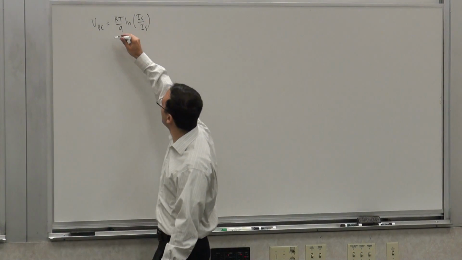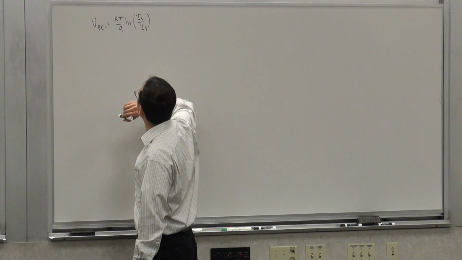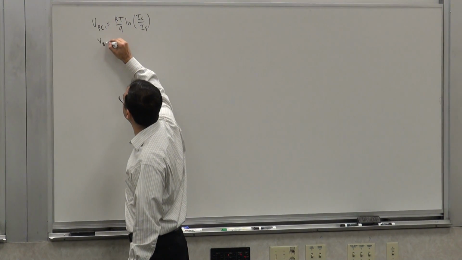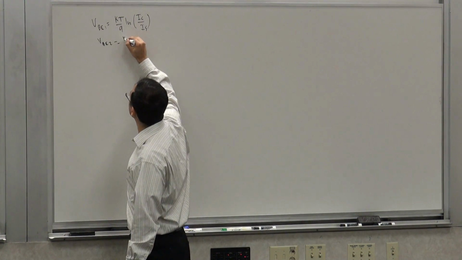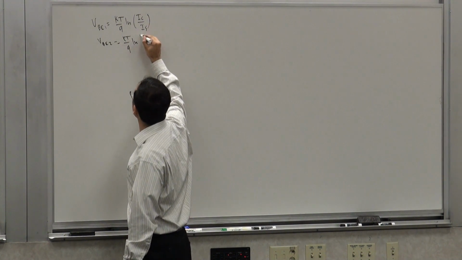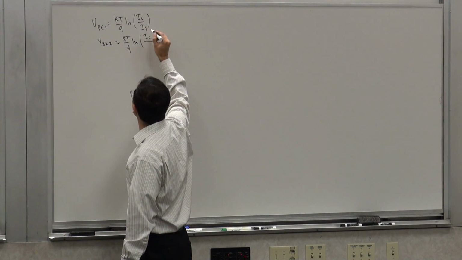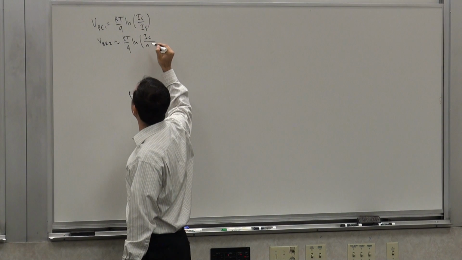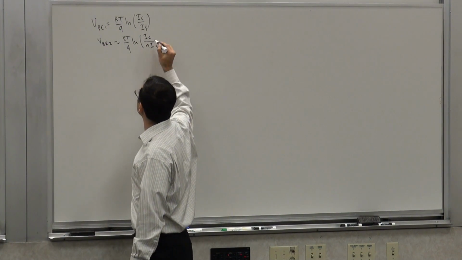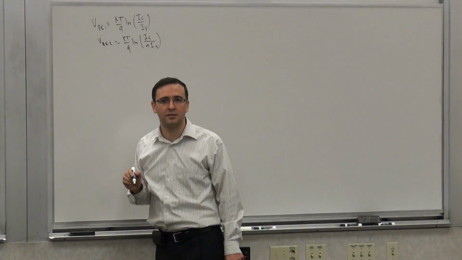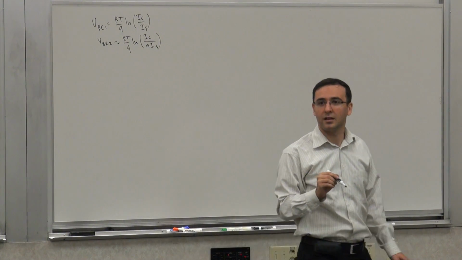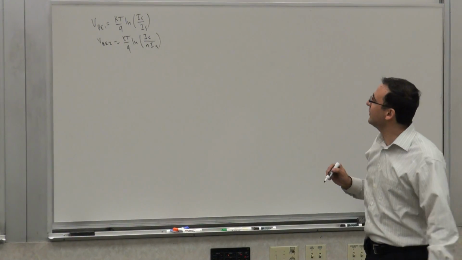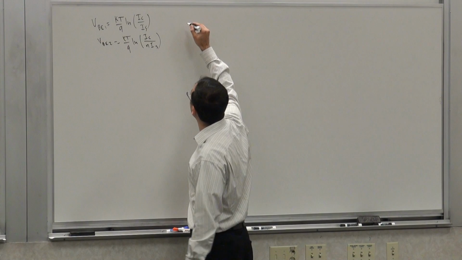So let's say call this VBE 1 and then subtract the VBE 2: KT over Q ln of IC over, let's say, a transistor that's n times larger, N of x, or n transistors in parallel. What is VBE 1 minus VBE 2?